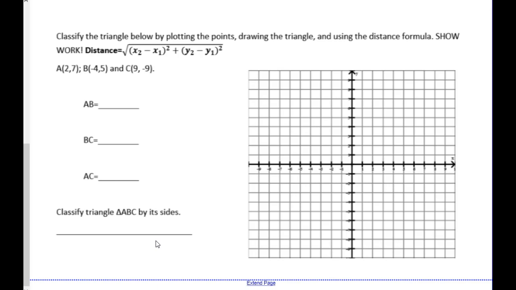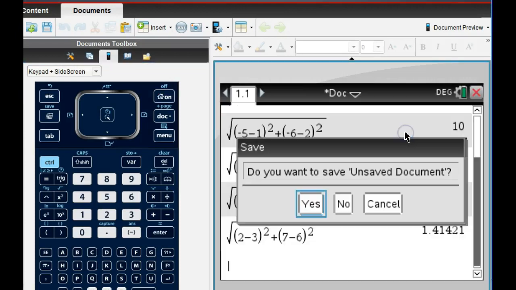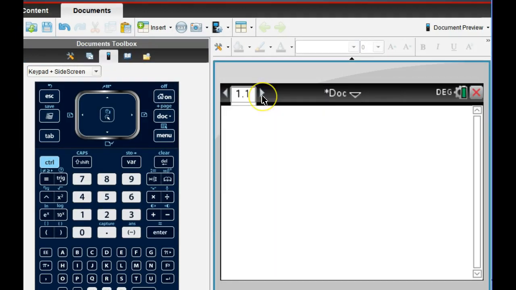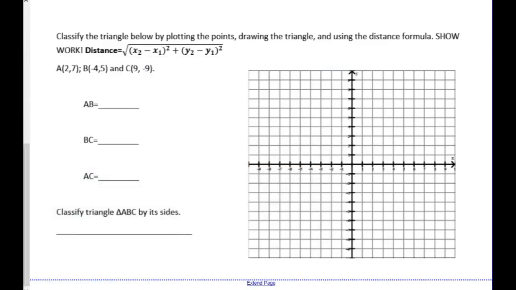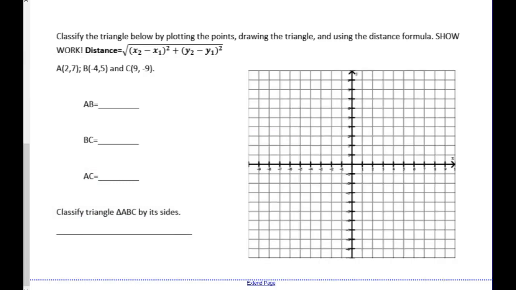So, let's do this. Make sure I got my calculator ready. So we want to first be able to plot these points, right?